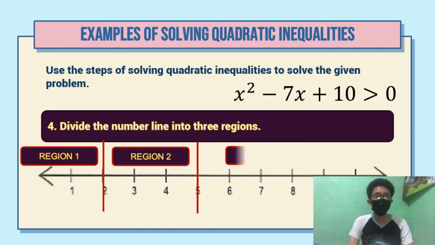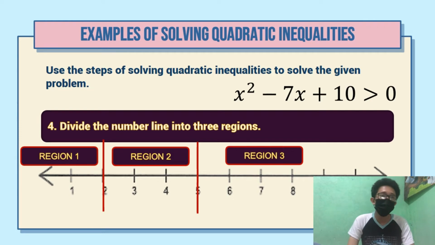For region 3, those are numbers above 5, so 5.01 up to positive infinity. So that we don't make substitution more difficult for us later, we will use integers as the test point values, which will be discussed in our next step.